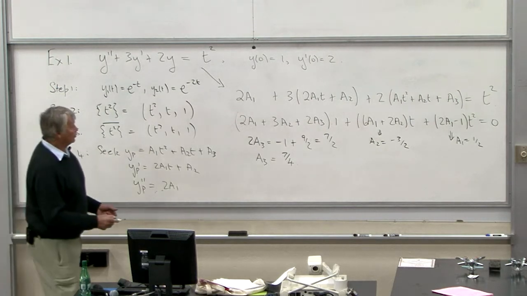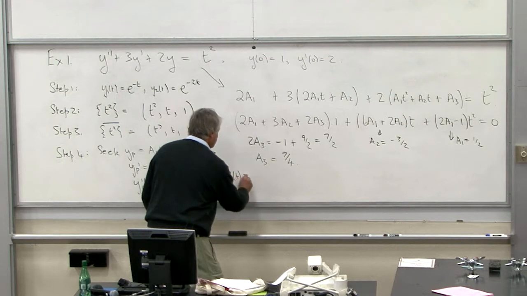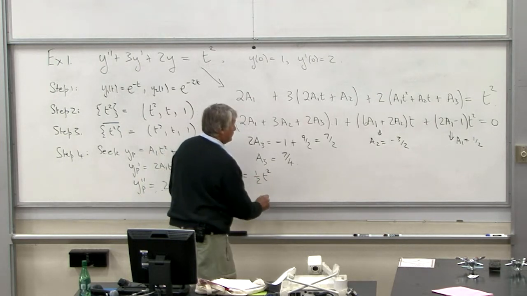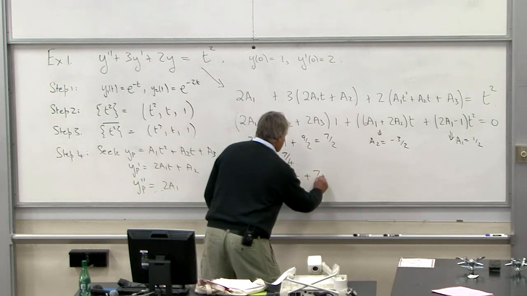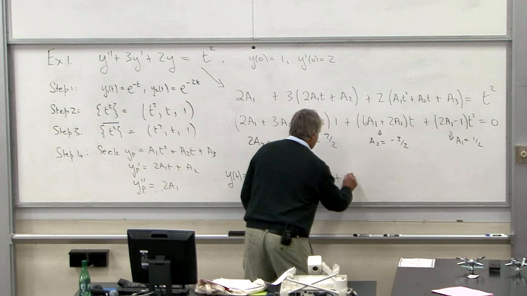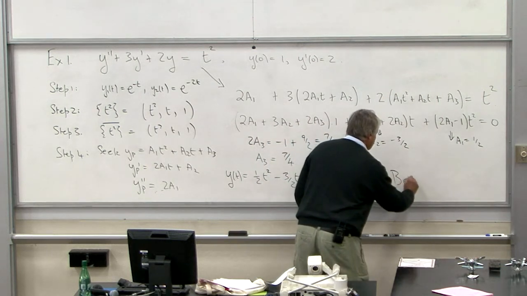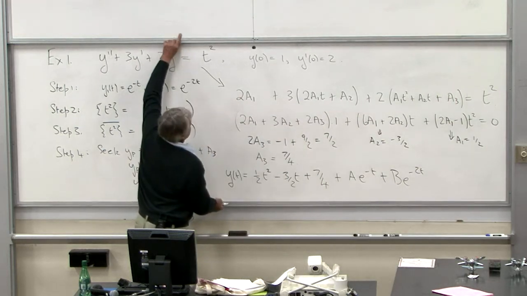So now the general solution is y of t is a half t squared minus 3 over 2 t plus 7 over 4 plus a e to the minus t plus b e to the minus 2t. Okay?